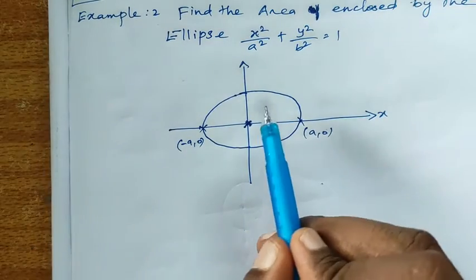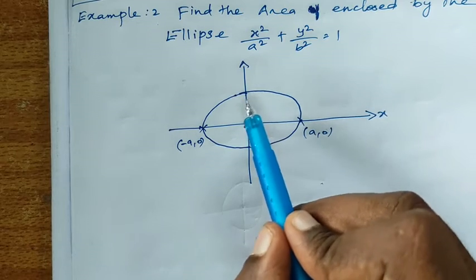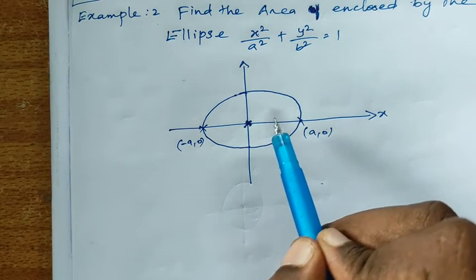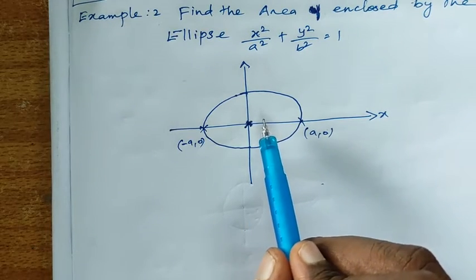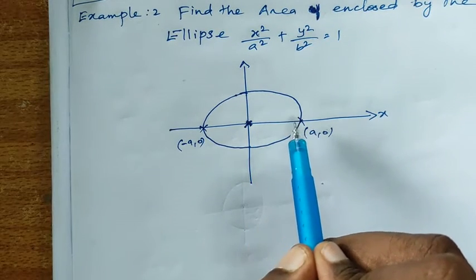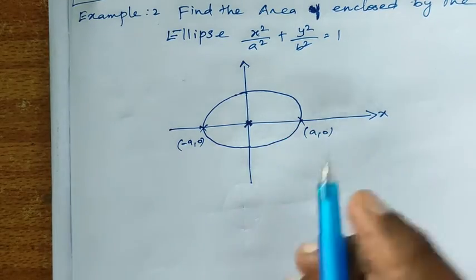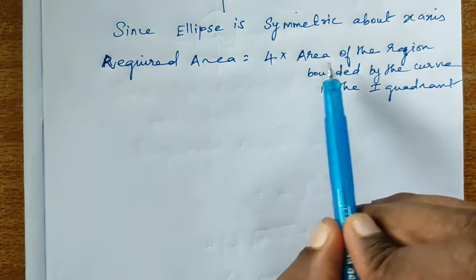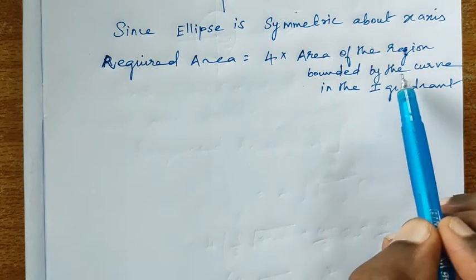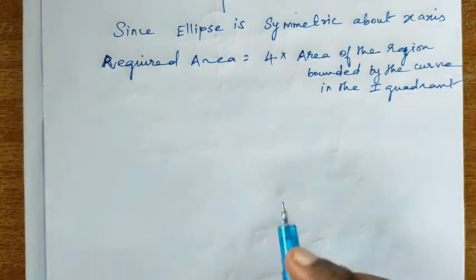So instead of finding the entire area, it is enough to find the area of the first quadrant and multiply by 4. So required area is equal to 4 into the area of the region bounded by the ellipse in the first quadrant.